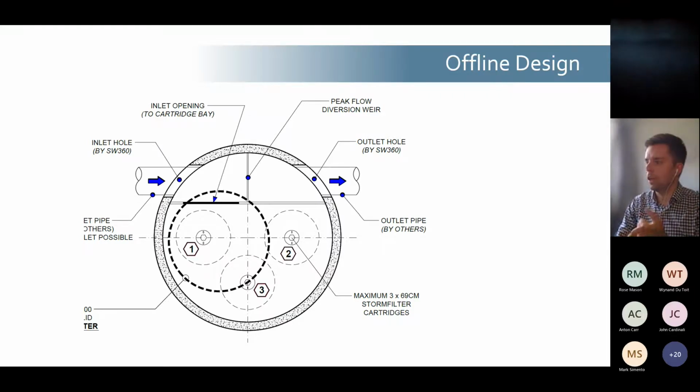A good example is that in the manholes, the weir is at 90 degrees perpendicular to the direction of flow. In our larger vault systems, the weir is actually set at 45 degrees to increase the length of the weir and reduce the head losses across that structure. So it's something that can be adjusted as required. We just need to know the information to be able to consider that as part of the process.